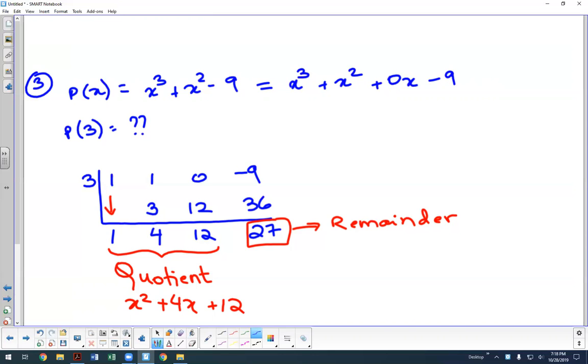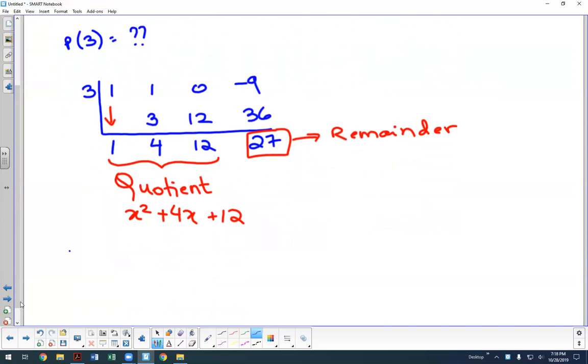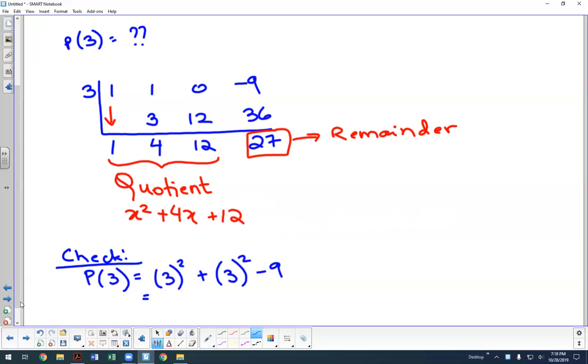And just as a quick check again, we can find out what p of 3 will be with our polynomial. So that's 3 to the third power plus 3 to the second power minus 9. Oh, that should be the third power, not the second.